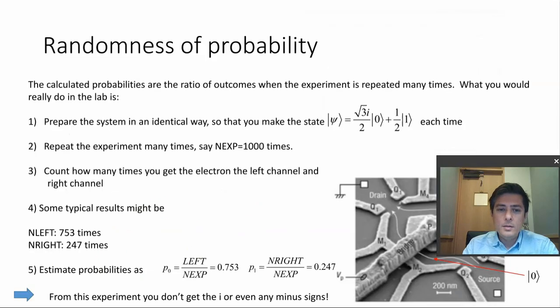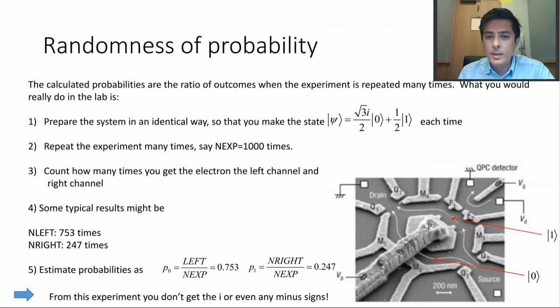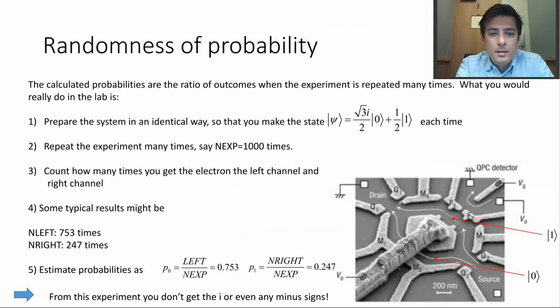So you might ask, okay, what does that really mean in the lab? The thing is that to get probabilities, and this is always true, you actually need to repeat the experiment many, many times. You can't just do this once, because you send your particle, you've got your state like this, and say you get, okay, it went left.